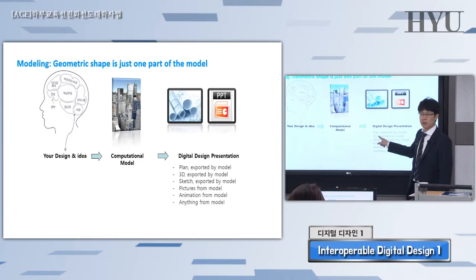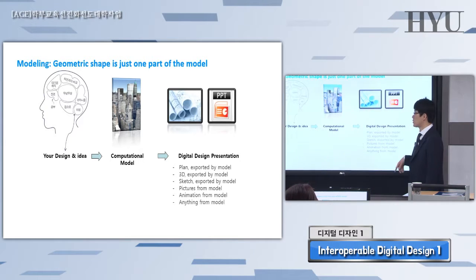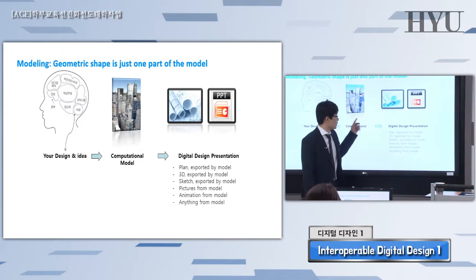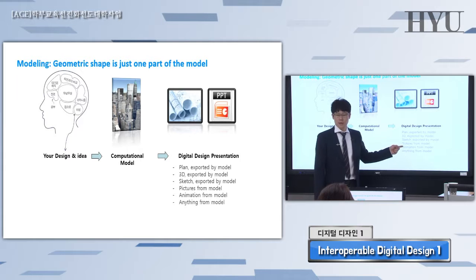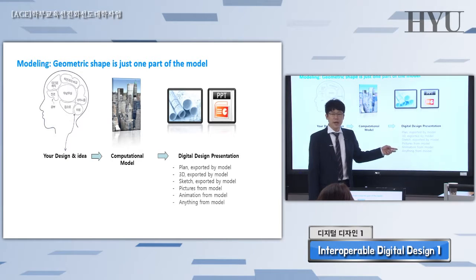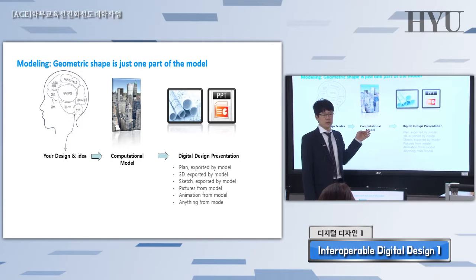How about 3D rendering? 3D visualization, line drawings exported from that model, okay? Sketch, also in a different style, you can visualize this computational model. Also pictures, rendered scenes, and so on, all from this model. How about an Excel file which contains a room schedule? They are all generated from this computational model.